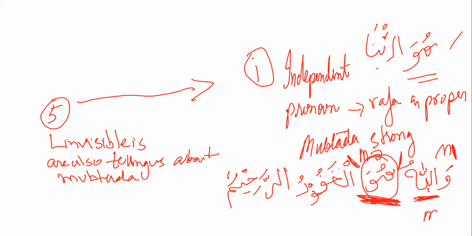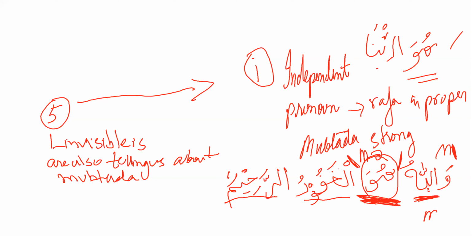Okay, so Al-Ghafur Ar-Rahim is mubtada also? No, Al-Ghafur Ar-Rahim is khabar, telling you something about the topic. Huwa, you are saying it became mubtada. Okay, I got it. Yes. Because as far as Allah is concerned, that was enough for us, right?